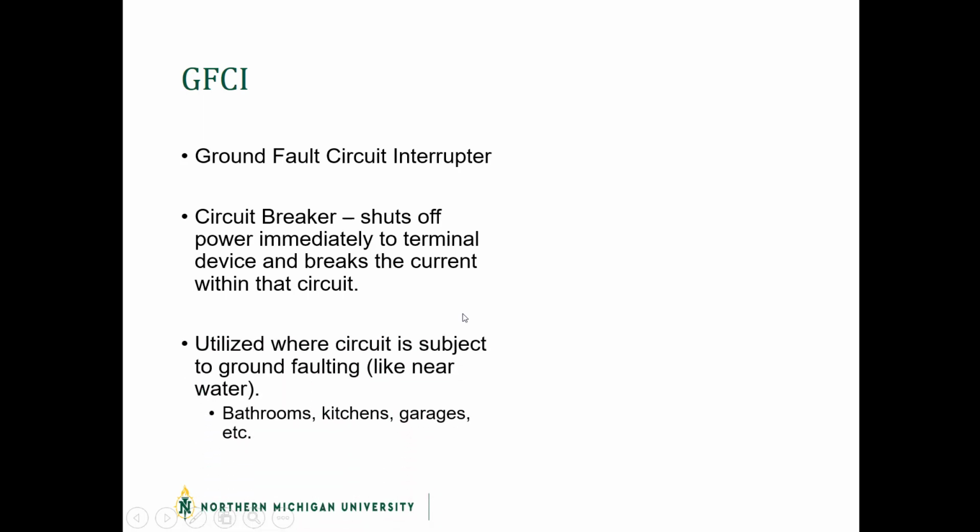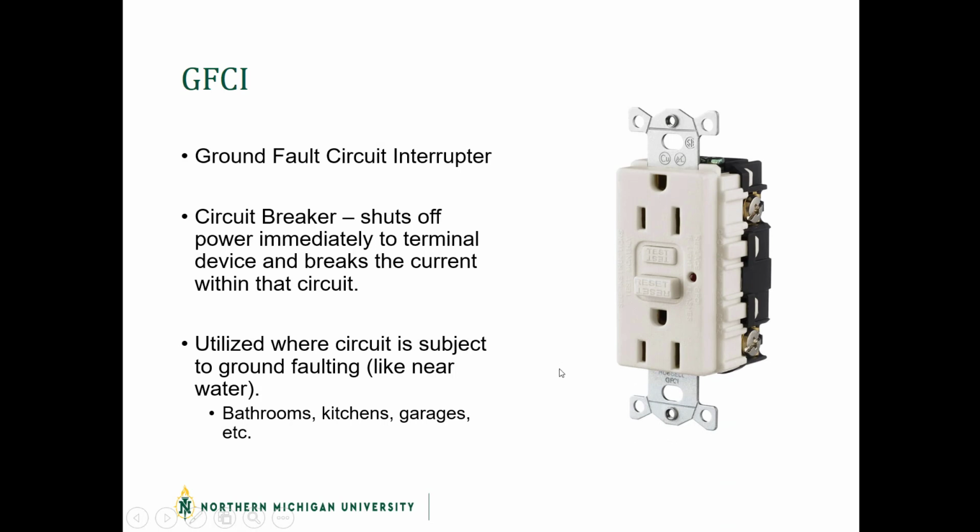We use those in any places where we have exposure to water. Within your own outlet, instead of having to go back to the breaker, that outlet alone has its own circuit breaker that shuts off the power immediately to that terminal, breaking the current within that circuit at that device. So that's why we have the resets on them as well.